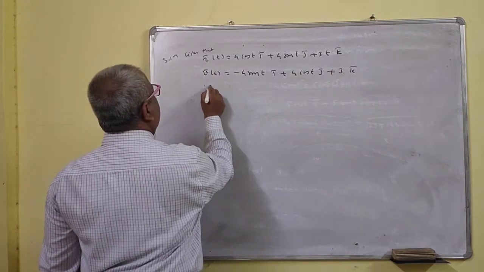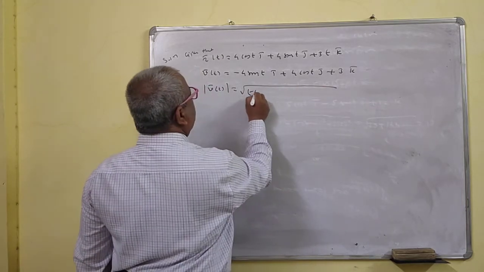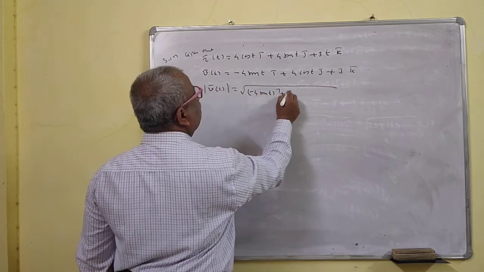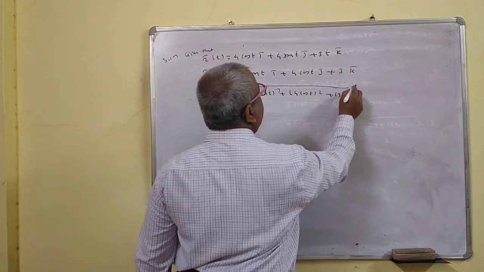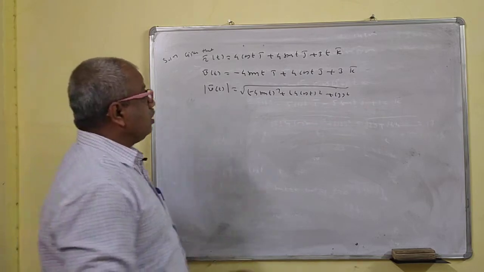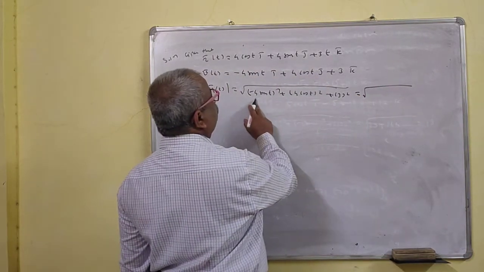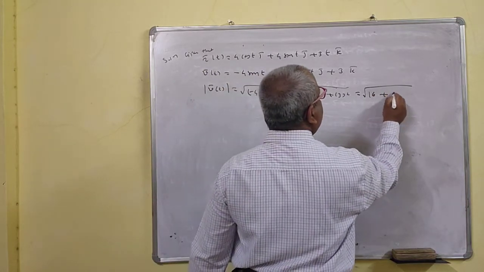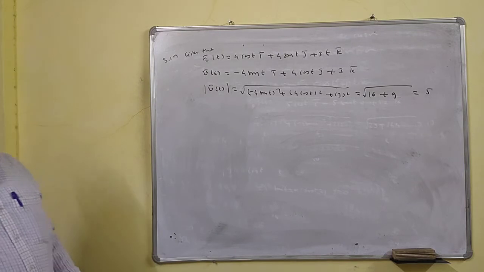So mod of V bar of t is the root of (minus 4 sin t) square plus (4 cos t) square plus 3 square. So this is the root of 16 plus 9, which is root of 25. So this is 5.